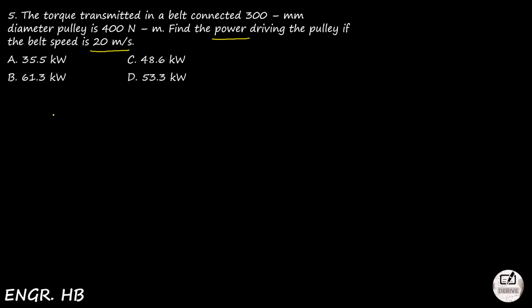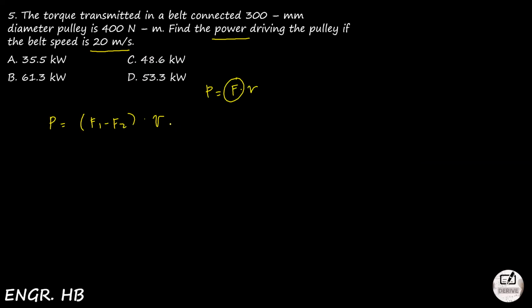So if we're looking for the power, we all know the formula is equal to the net belt pull times the velocity of the belt. So that was derived from the power is equal to force times velocity. So consider this, basta pag-usapang belt, the net belt pull, that is the difference of the tight side and the loose side tension.